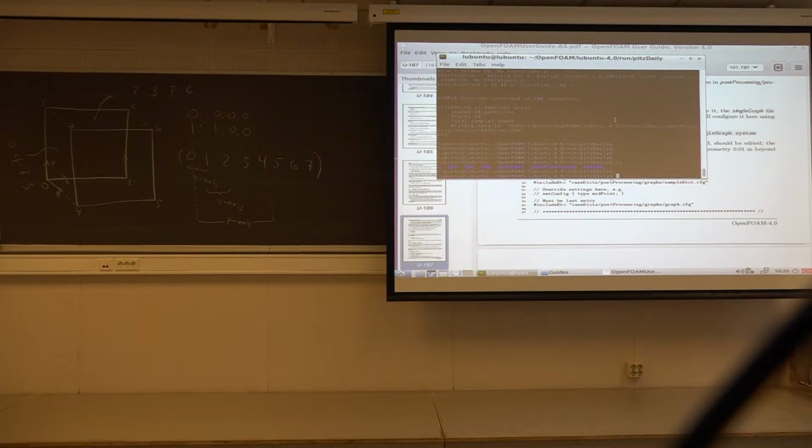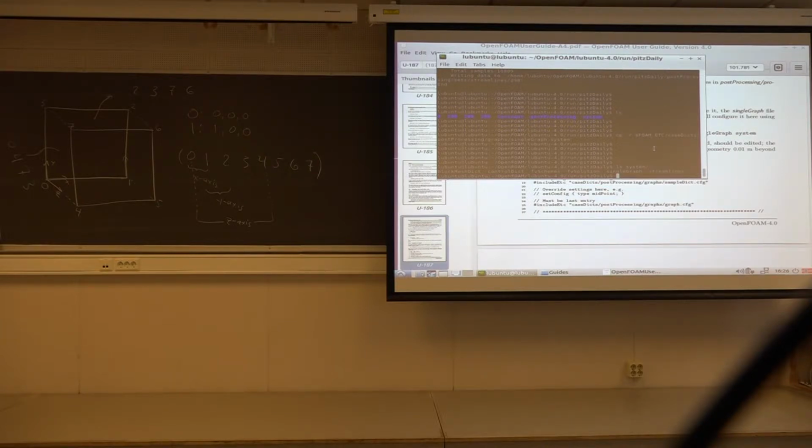And if you now click the middle button on your mouse, it will paste the entire command string in one sentence. Then you don't have to write it, and then just hit enter. And then it copies this singleGraph file into my system folder. So if I now write ls system, I will have a singleGraph file lying there.